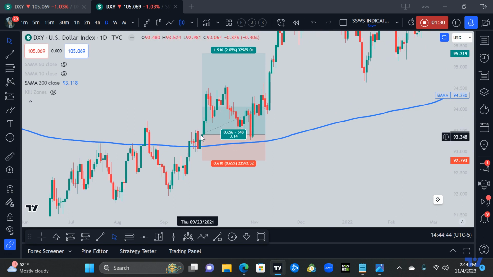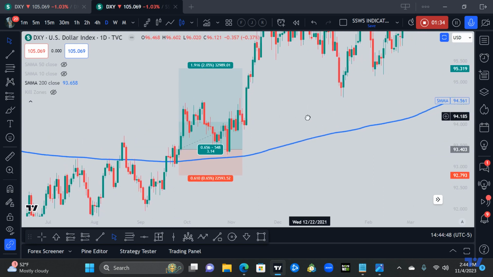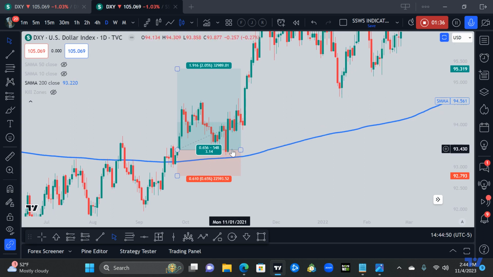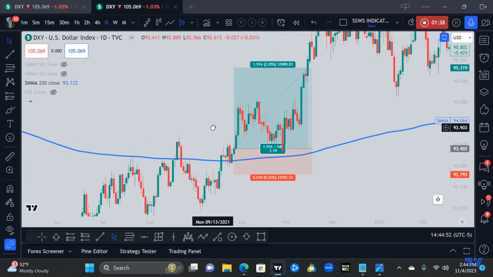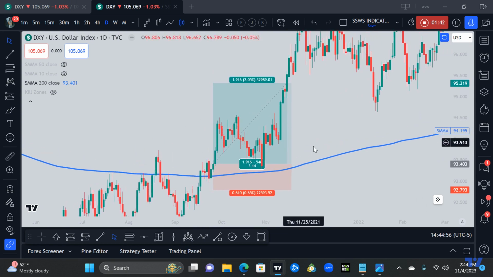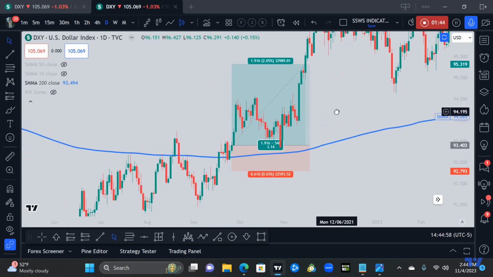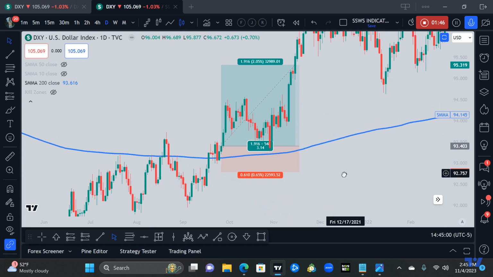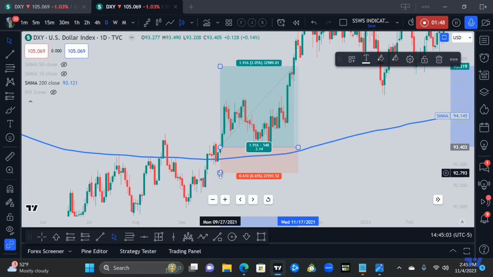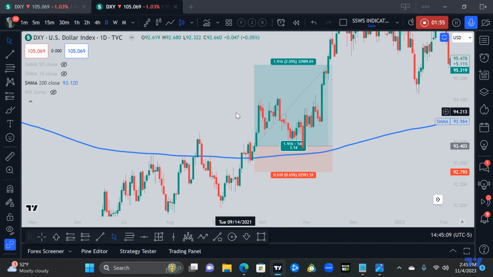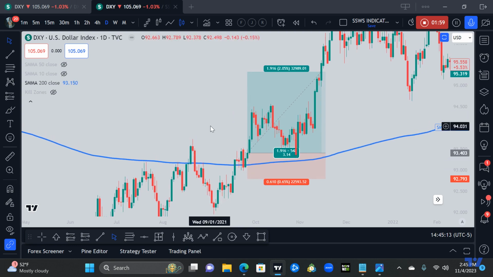You get your entry at this candle, and this is an easy trade with a 200 SMA. Your stop will be below the previous candle's close. If your bias is bullish, it'll be the previous close above the moving average.